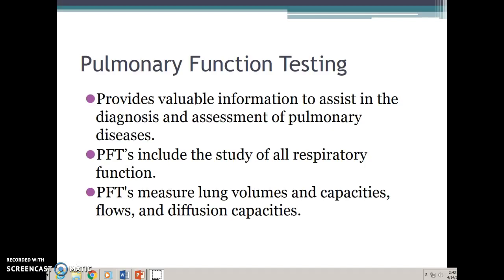And those will include obstructive diseases and restrictive diseases. They include the study of all respiratory function, and PFTs measure different lung volumes and capacities, different flows, and then we'll also talk about how to determine if they're diffusing gases across their AC membrane properly.